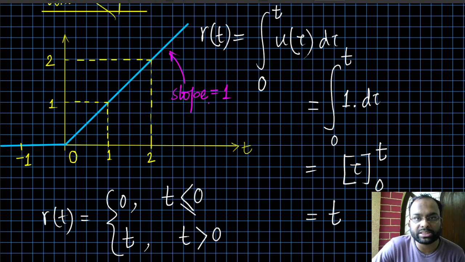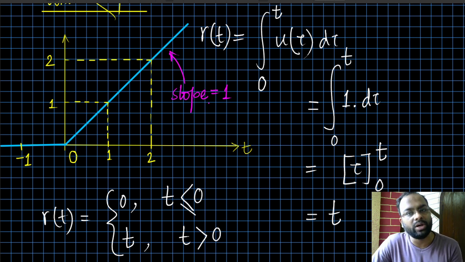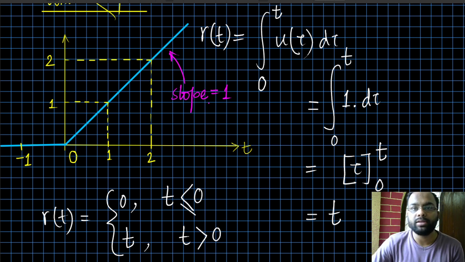If I ask you why a unit step is called a unit step, it's because its magnitude becomes 1. Similarly, why is a unit ramp called a unit ramp?